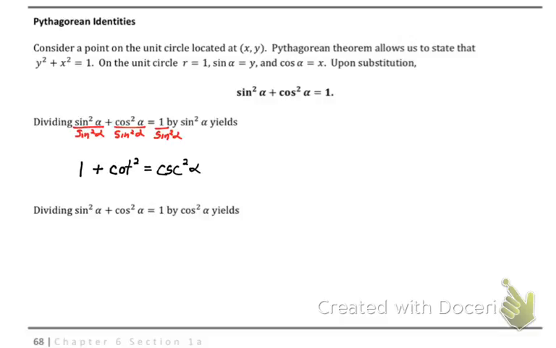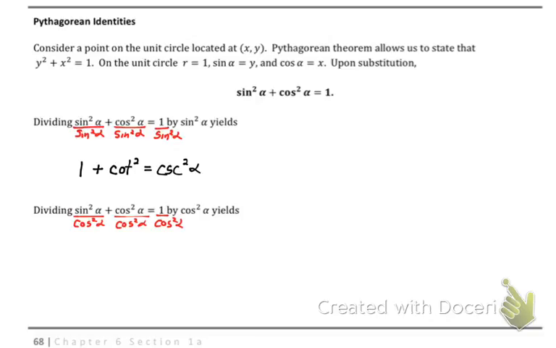So if you forget it, like you're doing the quiz on maybe Tuesday, and you don't remember the other one, just divide by sine and see what you get out. Same thing with cosine. We're going to divide both sides by cosine to get that third one. So I divide by cosine squared alpha.